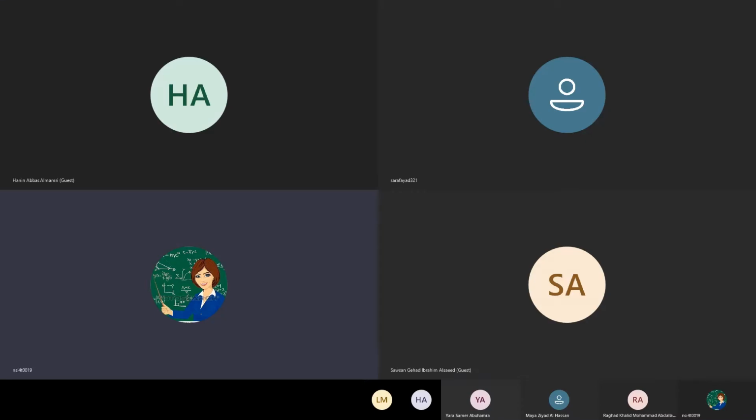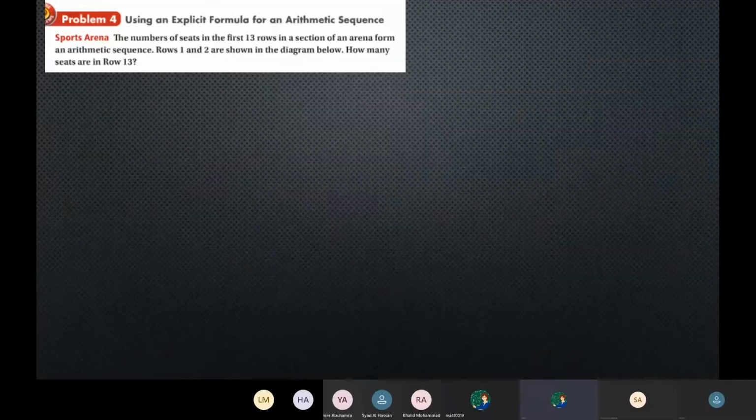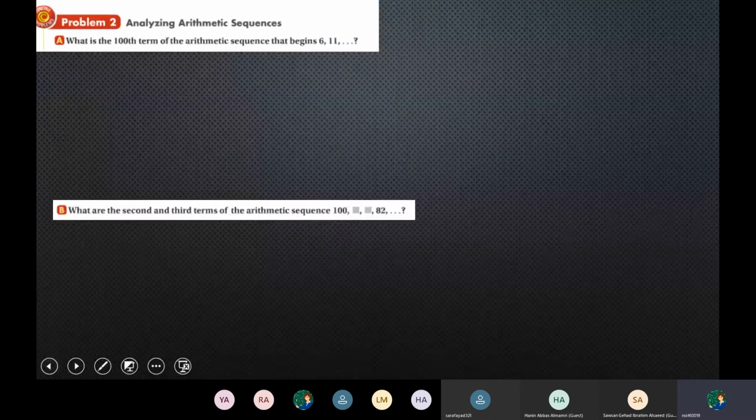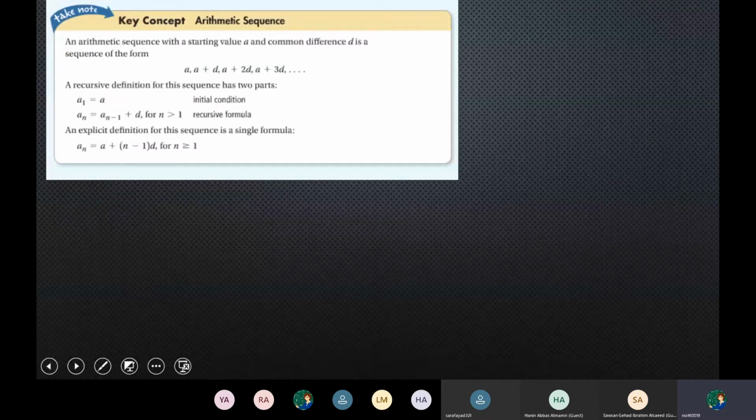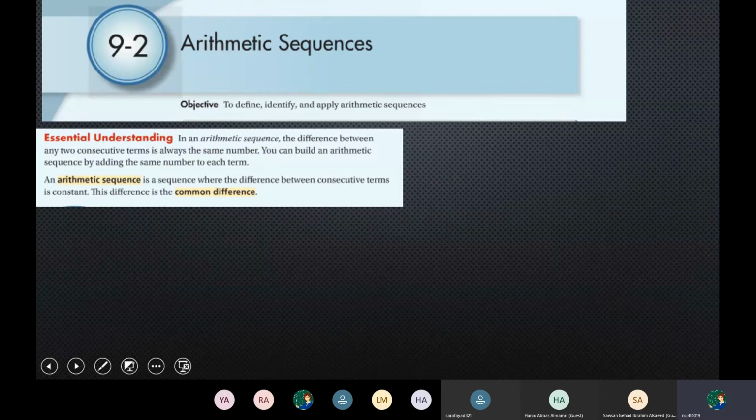Before that, let's revise what we talked about in the previous lesson. We talked about arithmetic sequences, and we said we have two types of sequences, arithmetic and geometric. In arithmetic sequences, any two consecutive terms have the same difference, which we call the common difference.